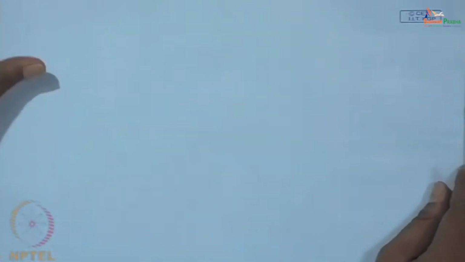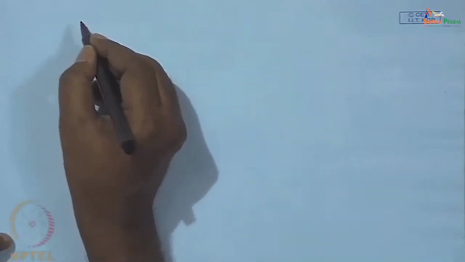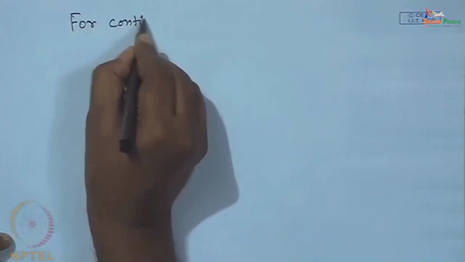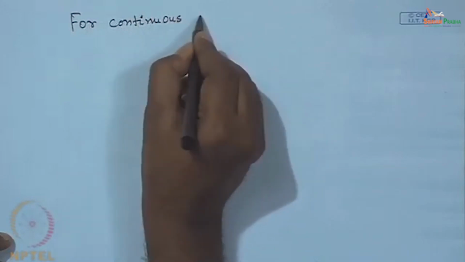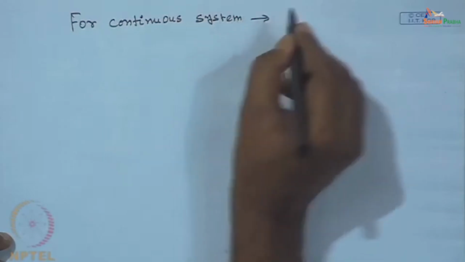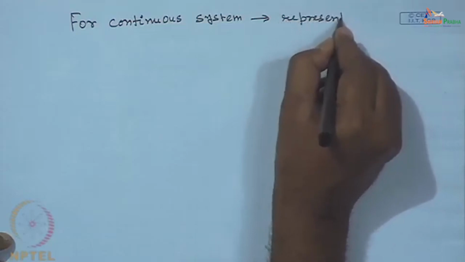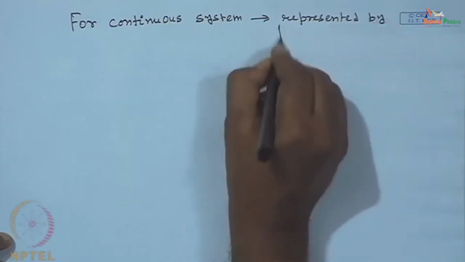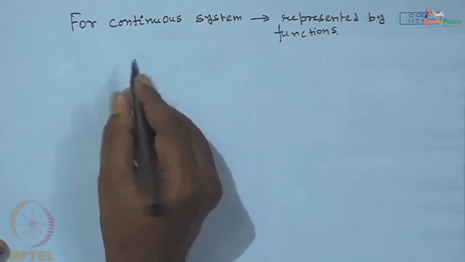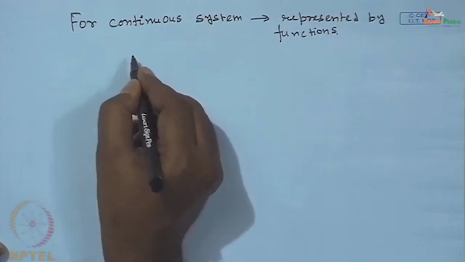And how is a continuous system represented? A continuous system is represented by continuous functions. Again, these functions can be one dimensional, two dimensional or three dimensional functions.